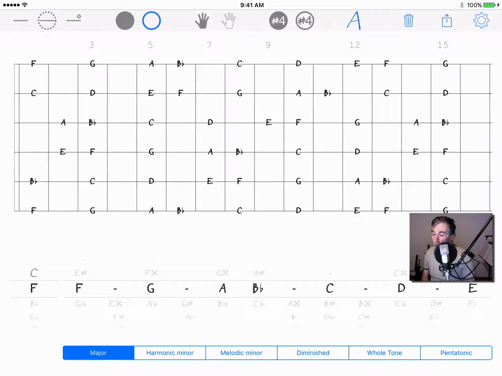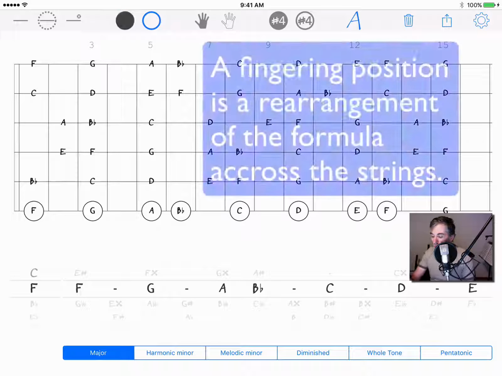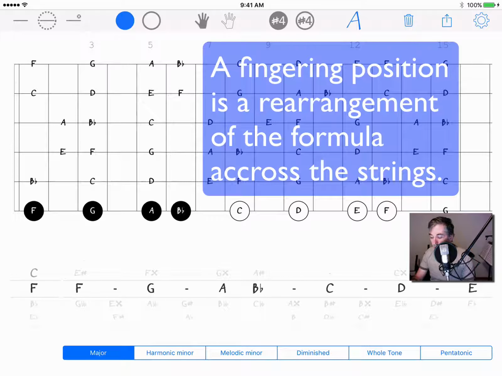So if we were to take that formula again and rearrange it, this is what would happen. So F, G, A, we take that B flat, we move it over here, take the C, move over to here, and you see where I'm going with this, right?